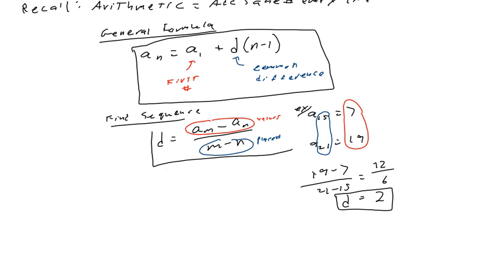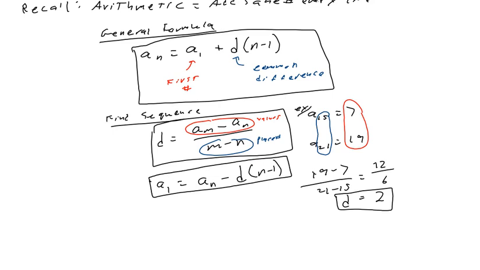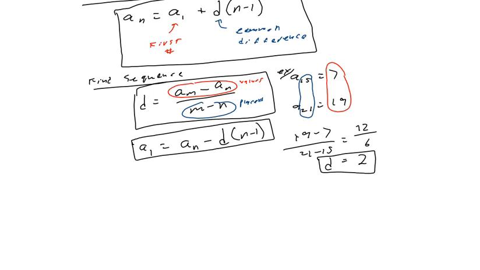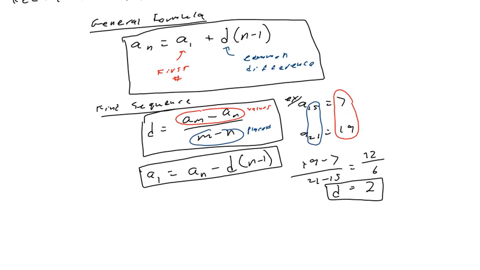We had this equation here. And then we had a way to find A1. We take some value and subtract d times n minus 1. This was to find the first number. These three equations form the foundation that we can use to solve these kinds of arithmetic sequences.